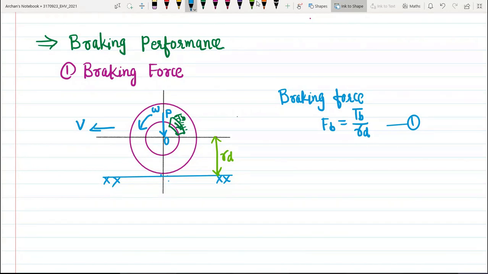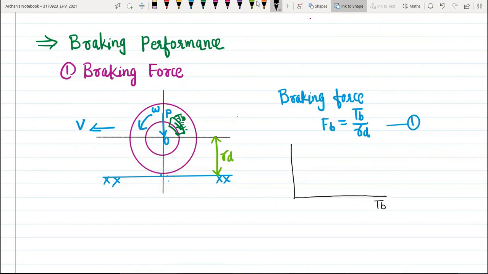Now this braking force increases with increasing the braking torque. If TB increases, then FB is going to increase. However, when the braking force reaches the maximum braking force that the tire ground adhesion can support, it will not increase further, although the braking torque may still increase. If we try to understand this with the help of the diagram, then it is very well understood.